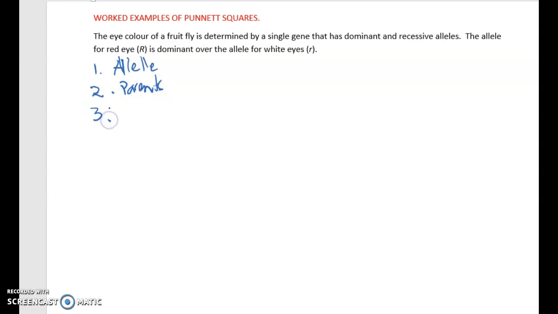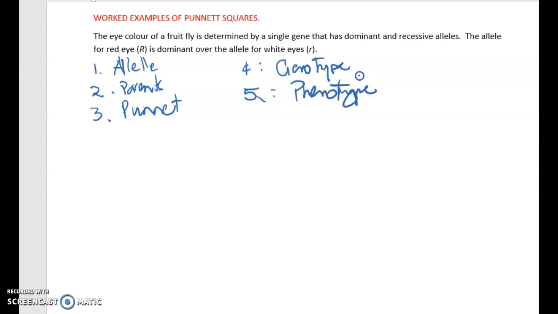Step 3 is the Punnett. Step 4, the genotype. Step 5, phenotype. If you just make sure you do those 5 steps every time.